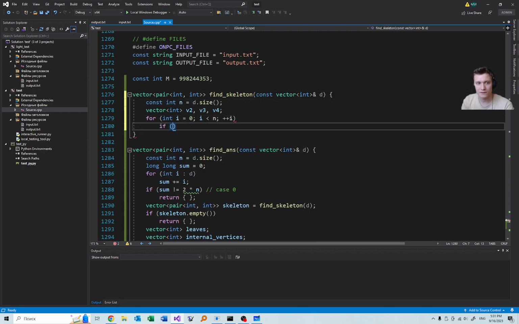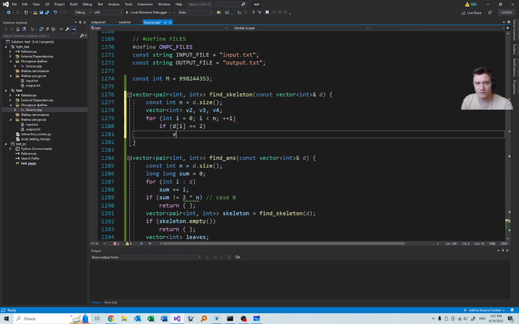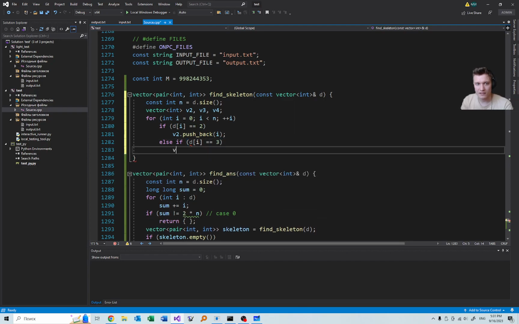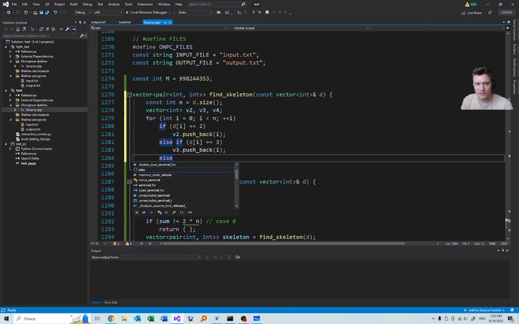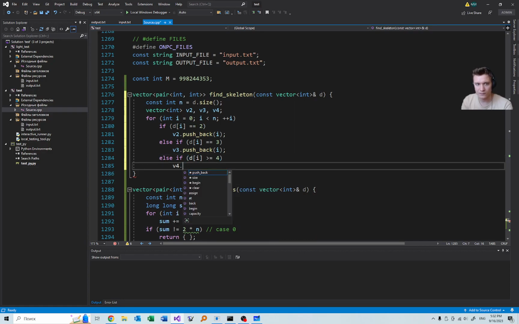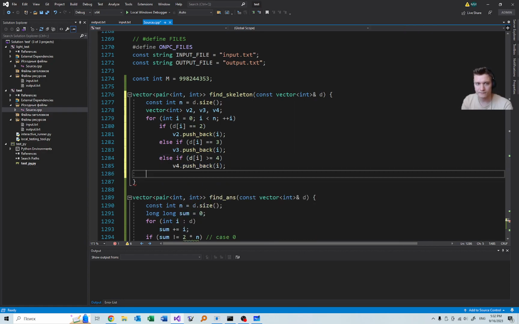So if di equals 2, v2 dot push back of I. Else if di equals 3, then v3 dot push back I. And else if di is at least 4, v4 dot push back I.